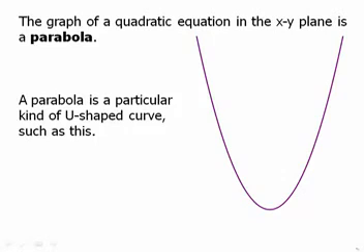A parabola has a very specific curvature. Just as not everything round is a circle, a circle is a very specific thing. A parabola is also a very specific thing. I'll also just mention, this is part of the magic of the xy plane, this connection that we establish between equations and shapes, that is, between algebra and geometry.